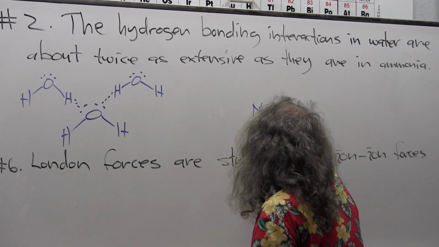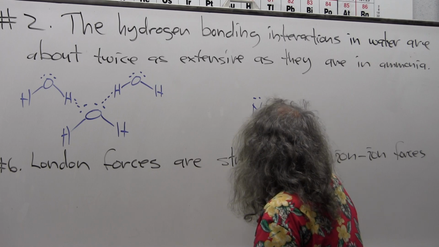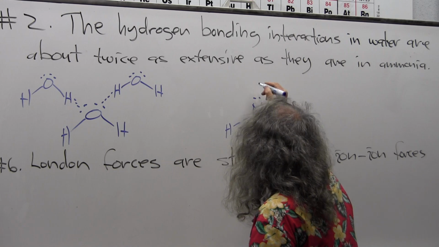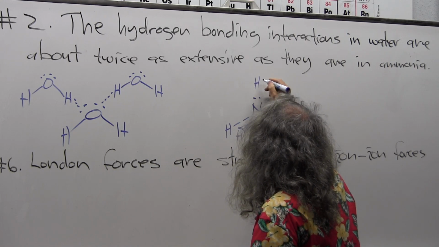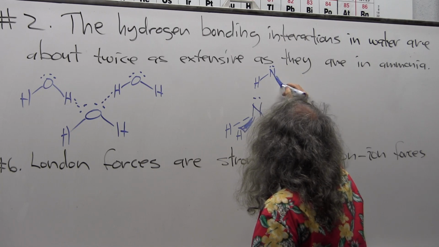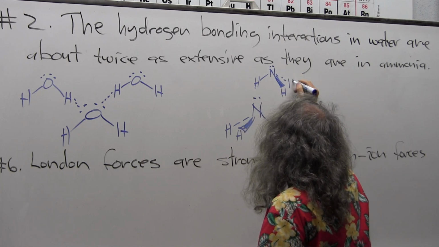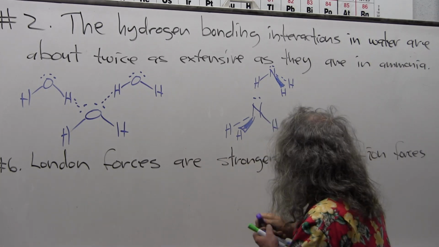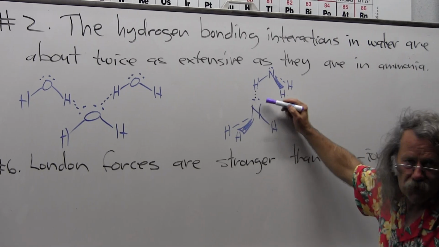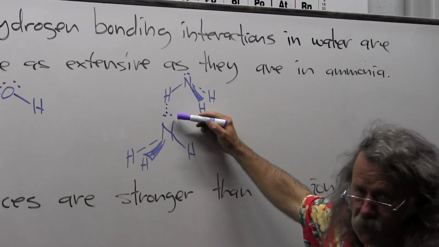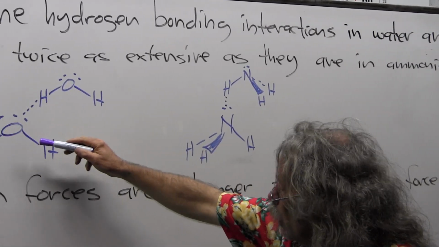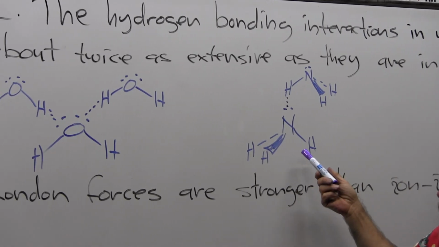So if we illustrate the hydrogen bonding interaction here, there's only 1 such lone pair to engage in hydrogen bonding interactions, so there's obviously twice as much hydrogen bonding with water as there is with ammonia.